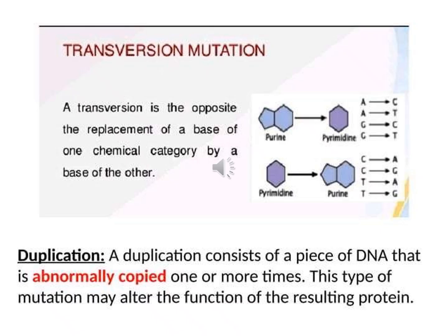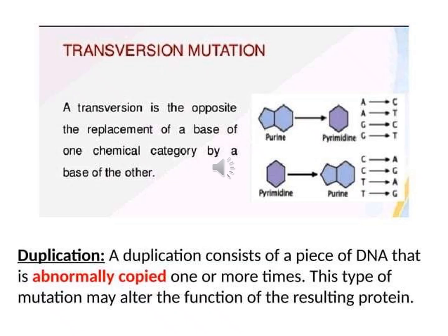Here we are discussing transversion mutation. A transversion mutation is a subtype of base substitution mutation in which a purine is replaced by a pyrimidine or vice versa, leading to a structurally more disruptive change in DNA.